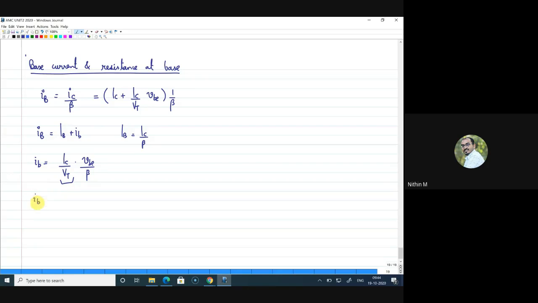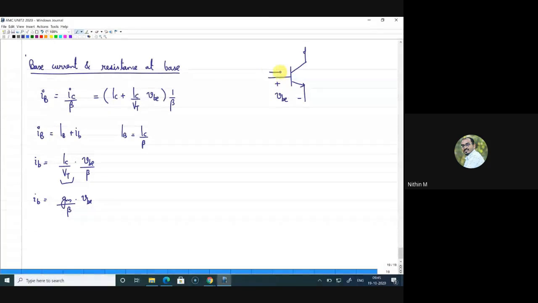So I can write this as ib is equal to gm by beta into vbe. This is the relation between the base current and the base-emitter voltage. So say you have this BJT here, the AC voltage is vbe, and the base current will be in this form.